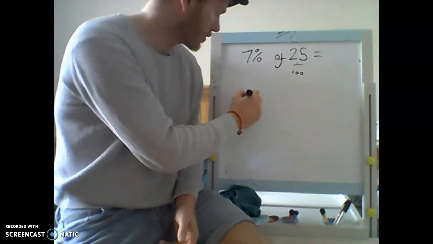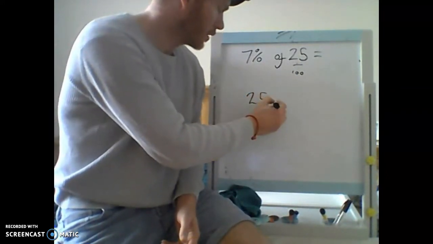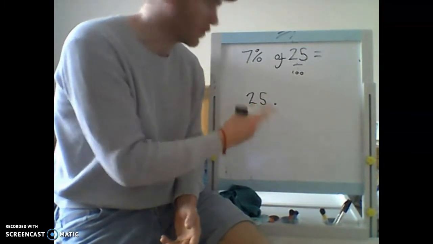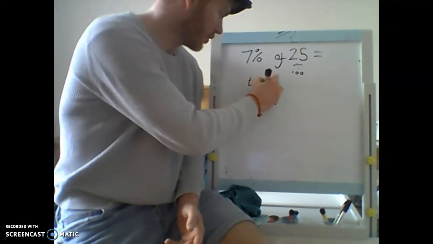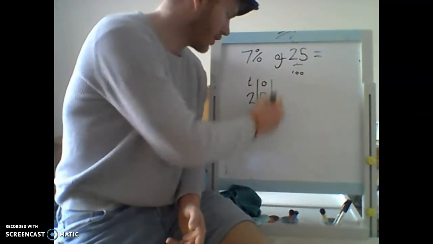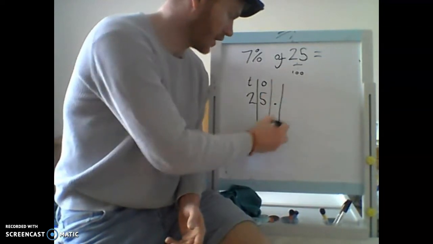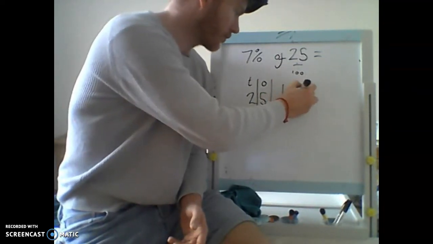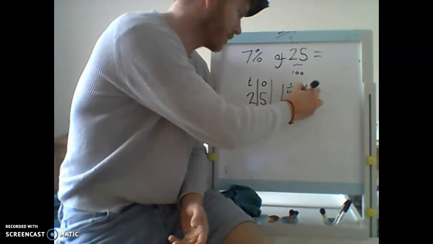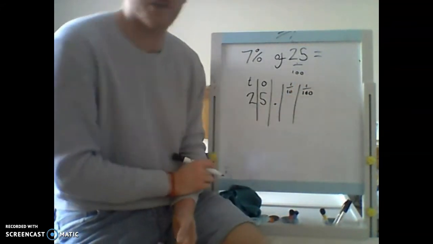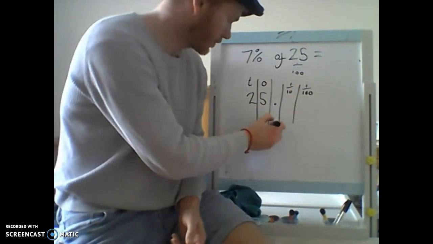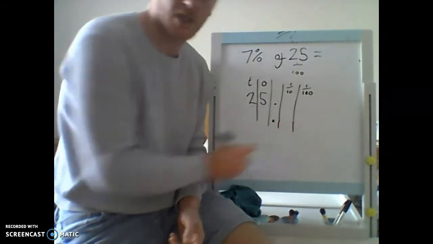So we take our number 25, and we know we're dividing it, so we need a decimal. We put our headers in and create our columns, like we did yesterday, with tenths, and we're going to need hundredths as well. The decimal stays in the same spot.